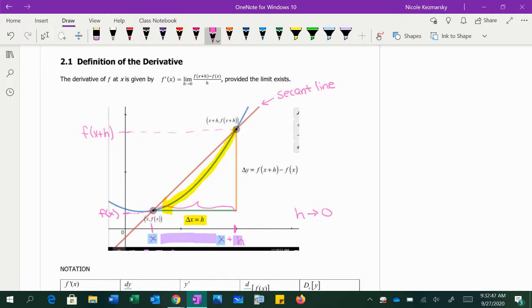The problem with that is we can't find a rise over run if we only have 1 point. And so we introduce this idea called a limit. And that's the notation that you see up here at the top.